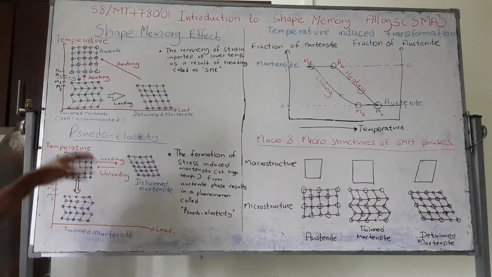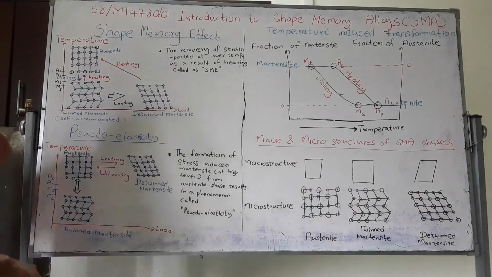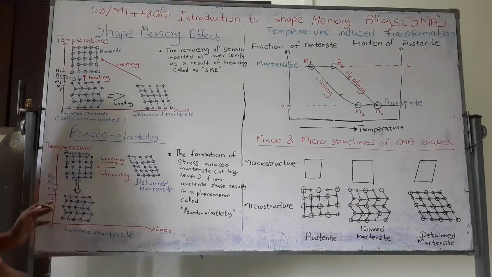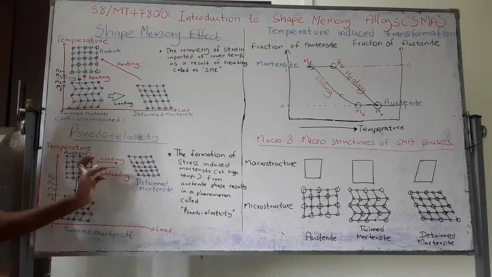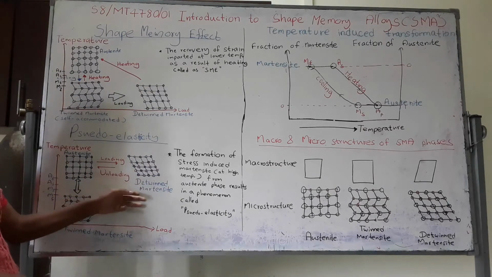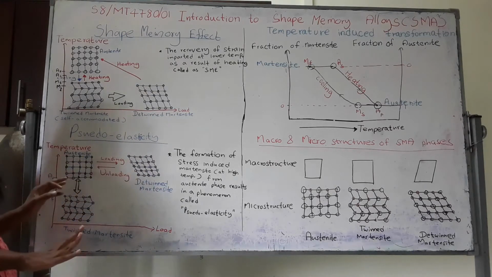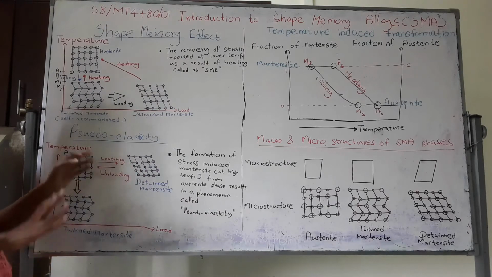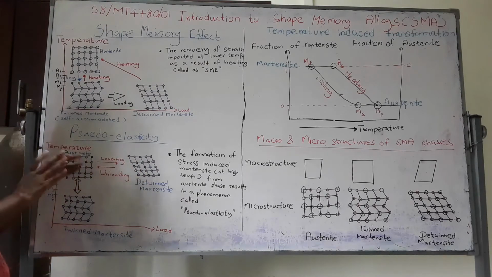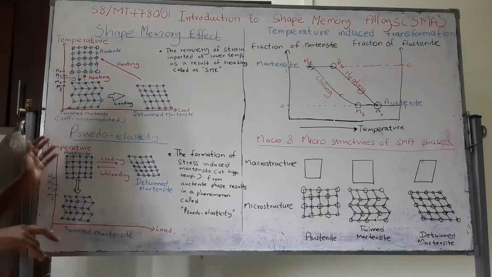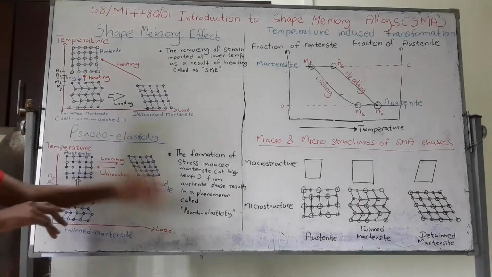That phenomenon is called pseudo elasticity. So in room temperature you can see twinned martensite. When it heats up, it turns into austenite. Then when it loads, you can form detwinned martensite at elevated temperature. So when it unloads, you can also get austenite again. So that is the pseudo elasticity.